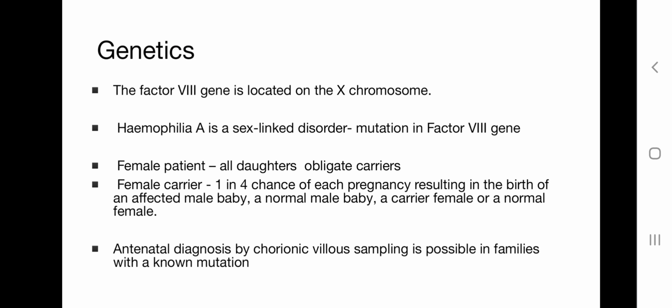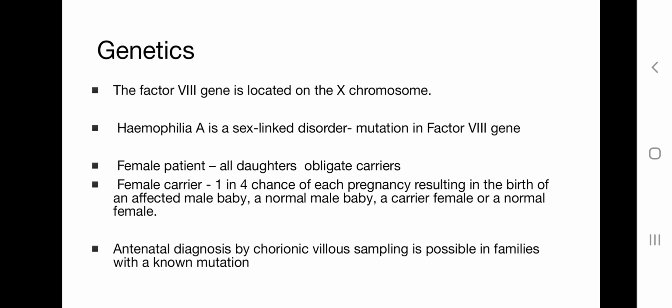Now, coming to the genetics of factor 8 deficiency, or hemophilia A, the factor 8 gene is located on the X chromosome. So hemophilia is an X-linked disorder occurring due to a mutation in the factor 8 gene. Because it's an X-linked disorder, if a female has hemophilia, all her daughters will be obligate carriers.